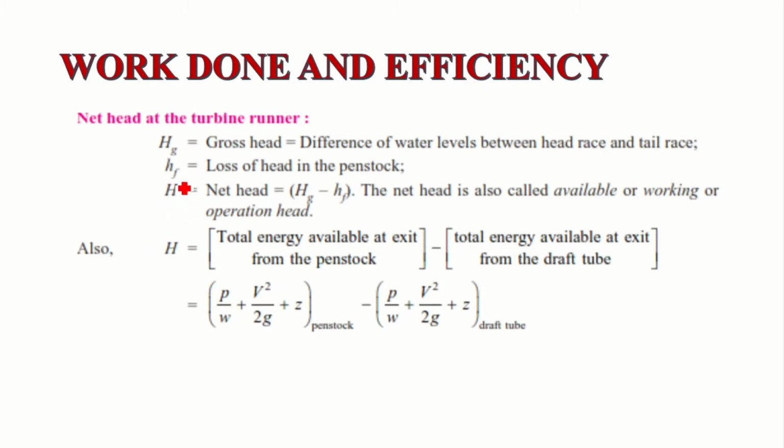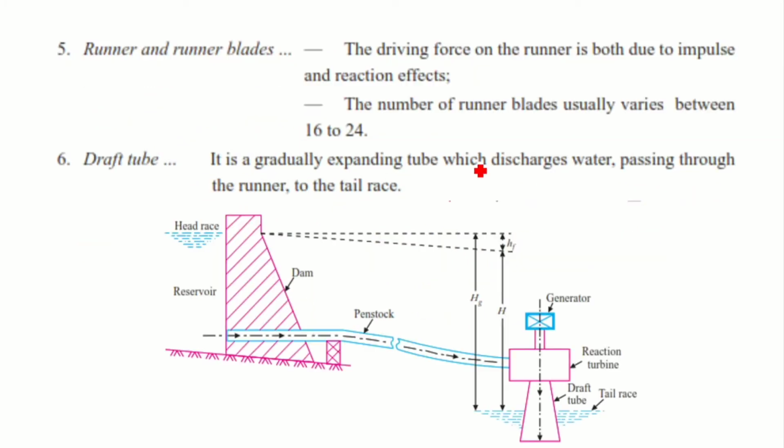So in order to get the net head, we need to know the gross head. Hg is the gross head, that is the difference of water level between head race and tail race. This difference is known as gross head, the total distance from the head race to the tail race.